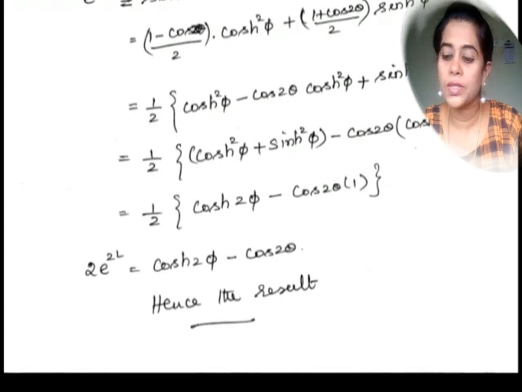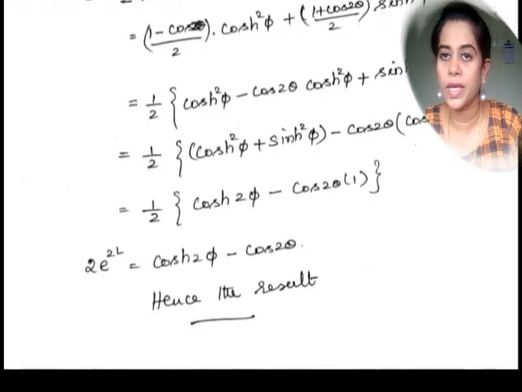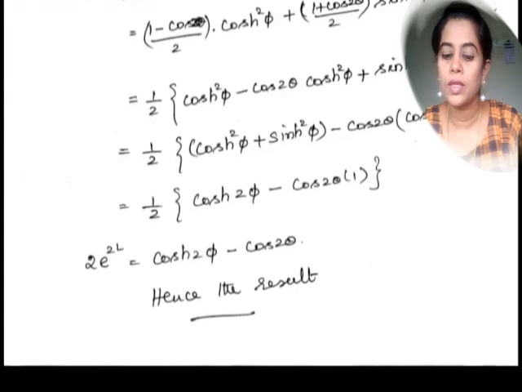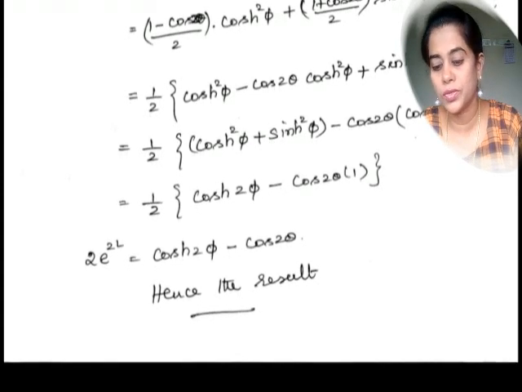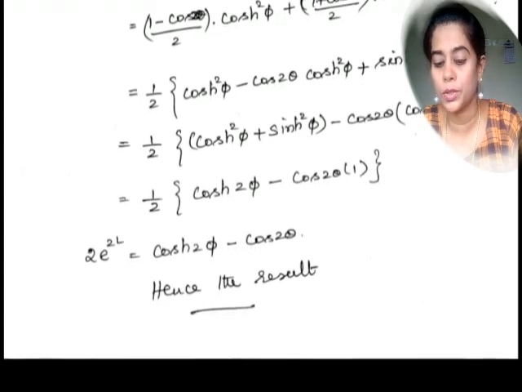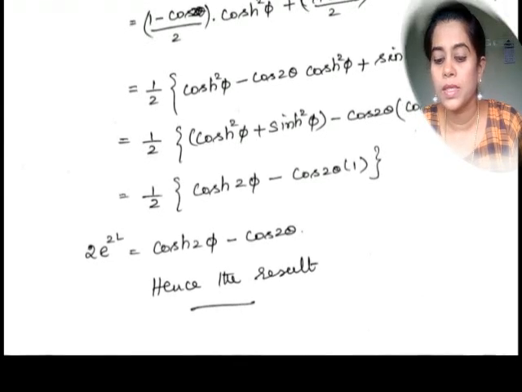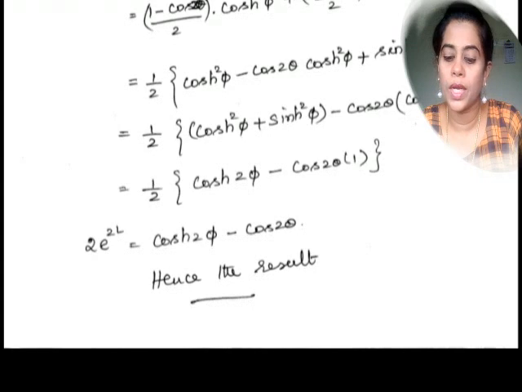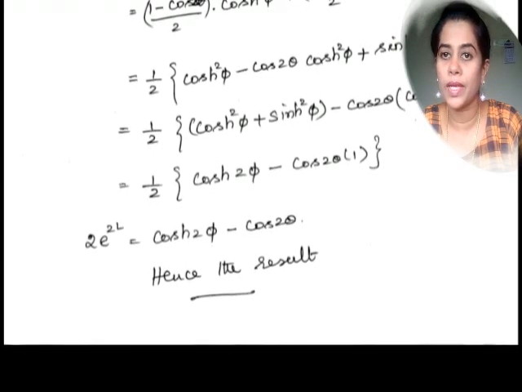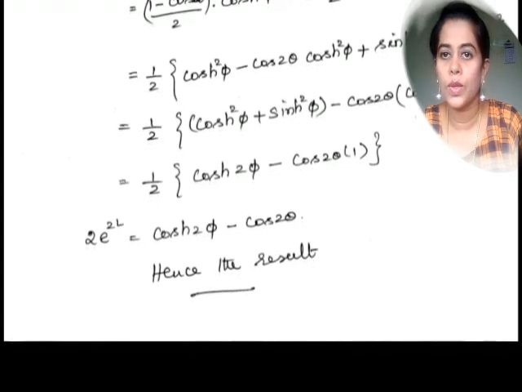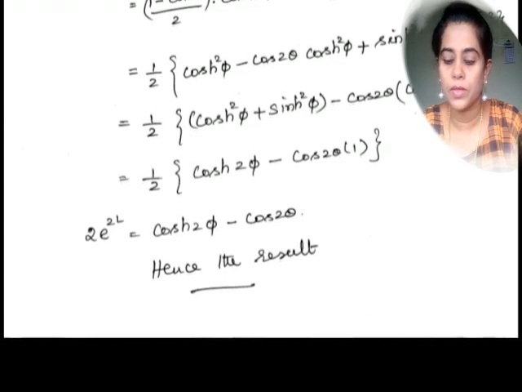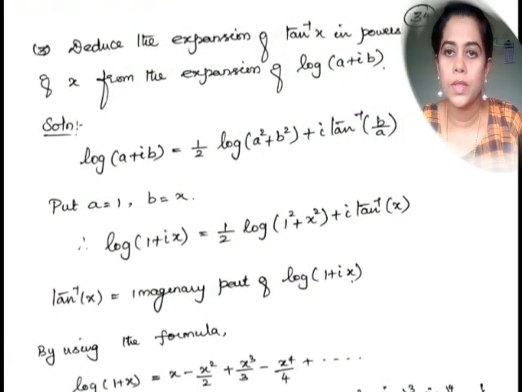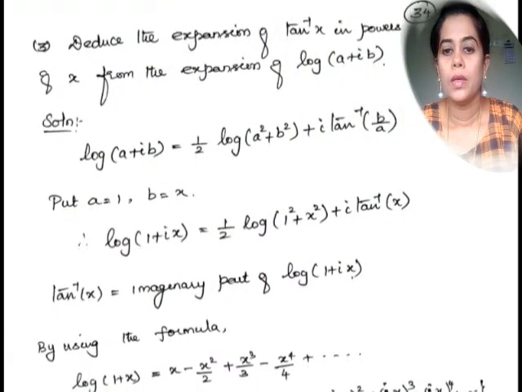And what is cosh²φ − sinh²φ? That is equal to 1. So this implies 1/2 of (cosh 2φ − cos 2θ) into 1. When I take 2 to that side, that will be 2 e^(2l) equal to cosh 2φ − cos 2θ. This is our desired result. Hence proved. So let us go to the next problem.